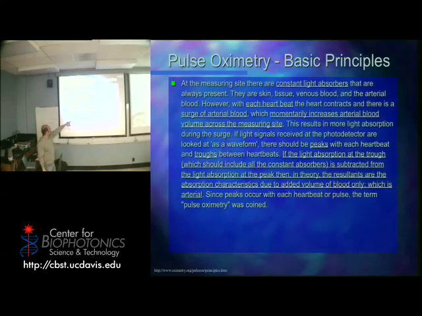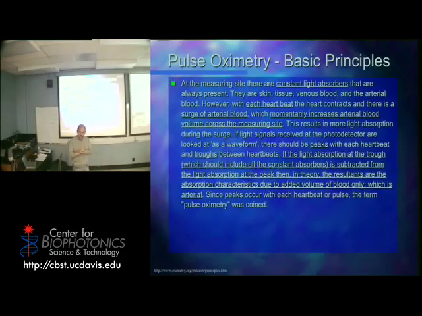Now, if the light absorption at the trough, which should include all the constant absorbers, is subtracted from the light absorption at the peak, the result is the absorption characteristics due to the added volume of blood only. And in this case, the only volume of blood that's been added is arterial. When I first push, I only get this surge of arterial blood, the fresh blood with the oxygen.